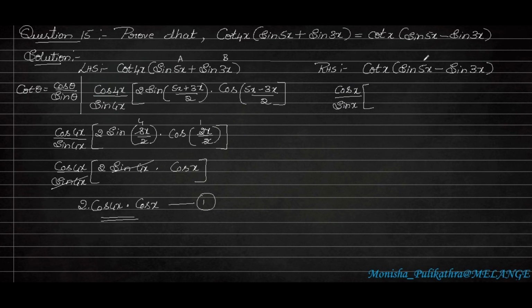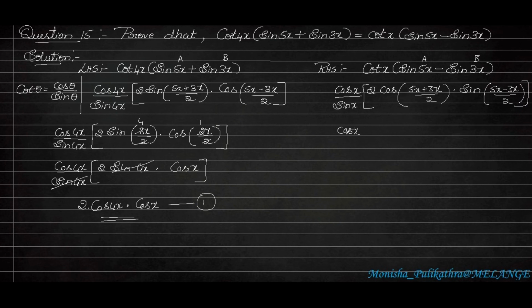So here this is in the form of sin A minus sin B. So sin A minus sin B is 2 cos (A plus B) by 2 into sin (A minus B) by 2. So write this as it is.